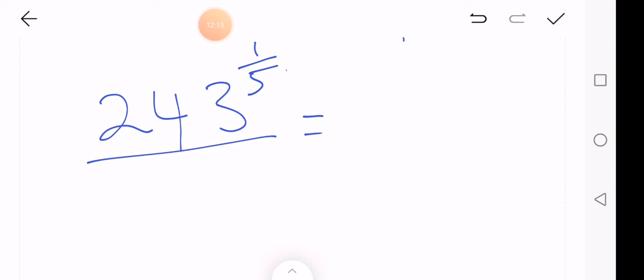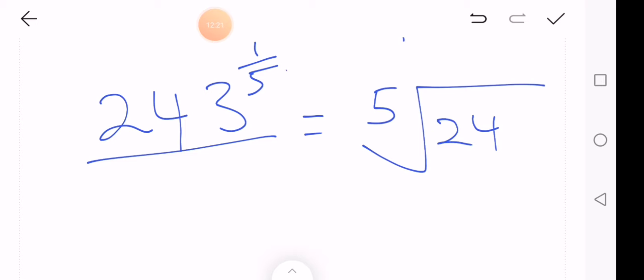Okay, one more example: 243 to the power 1 over 5. What does this mean? We are looking for a number that, when multiplied by itself 5 times, gives us 243.